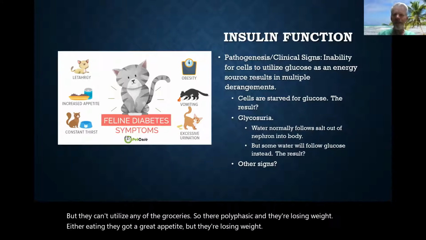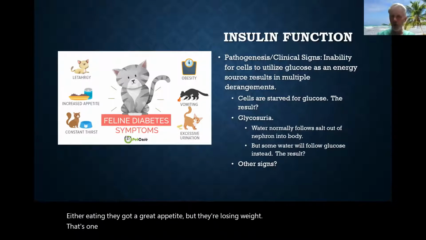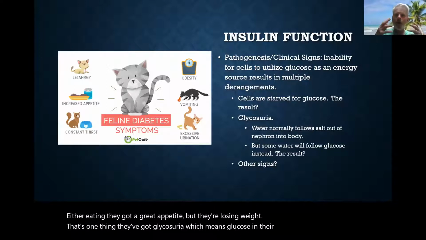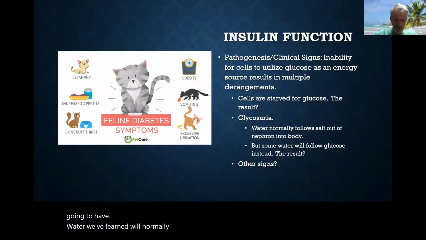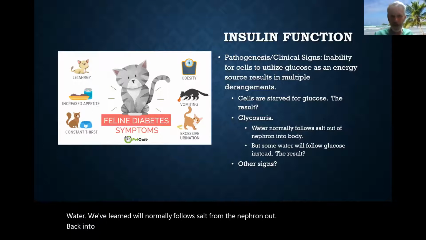That's one thing. They've got glycosuria, which means glucose in their urine. Well, what effect is that going to have? Water, we've learned, will normally follow salt from the nephron out back into the body, right? That's reabsorption of water sometimes involves salt.